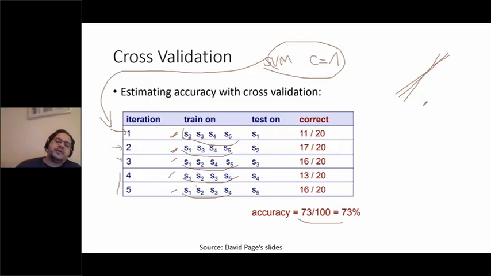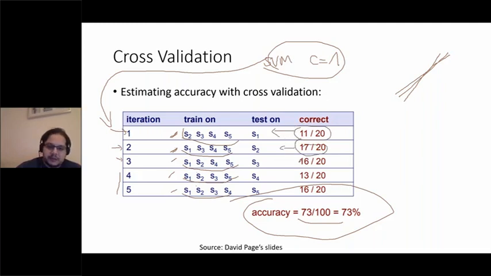So what are we measuring? What accuracy is this? These accuracies are for each model, because we have 5 different models. But this accuracy is not for one particular model. It is an accuracy for what? Maybe for the algorithm?